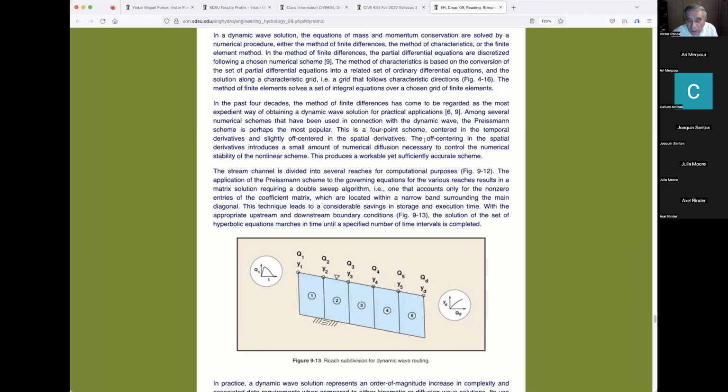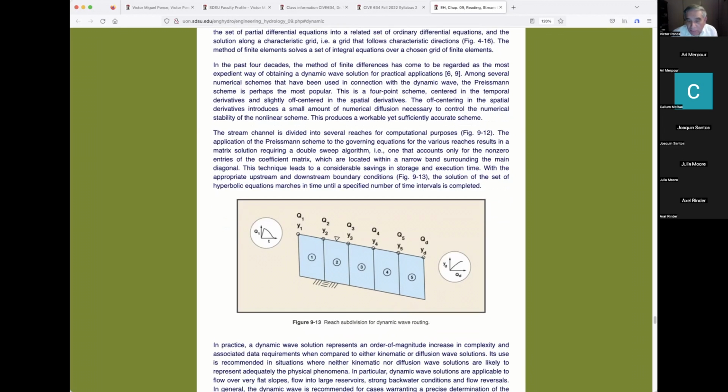Okay, so the application of the Preissmann scheme to the governing equation results in a matrix, and then you have to solve the matrix with a so-called double sweep algorithm. The matrix turns out to be a sparse matrix, meaning a matrix is like a square, but this particular matrix only has elements along the diagonal.